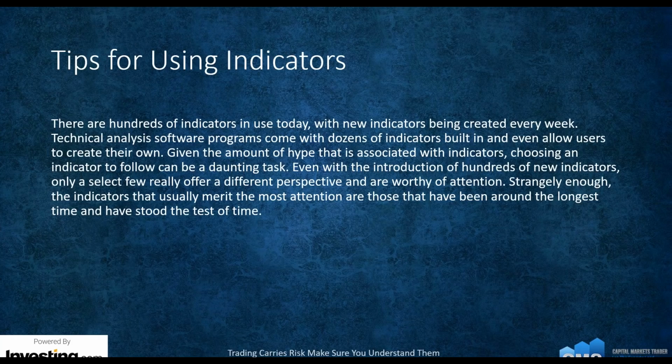Now, the fact is, there are hundreds of indicators in use today, with new indicators being created, listen to that word, created every week. Technical analysis software programs come with dozens of indicators built in and even allow users to create their own.